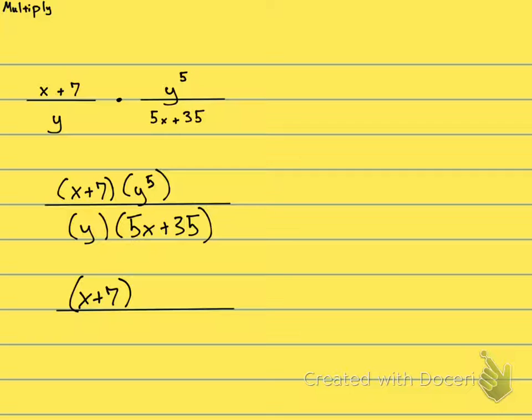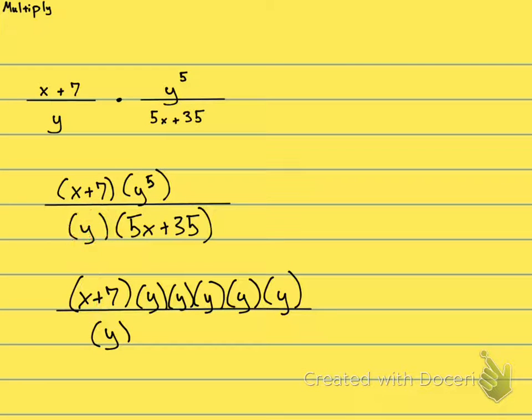Now this part, y to the 5th, I'm actually going to write it out as 5 y's: y times y times y times y times y. Okay, so I wrote my 5 y's. And then in the denominator, I have a y here.